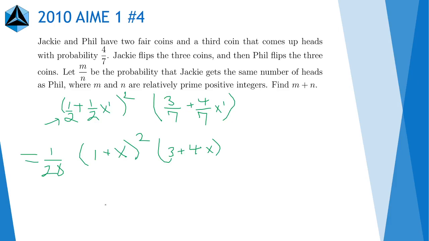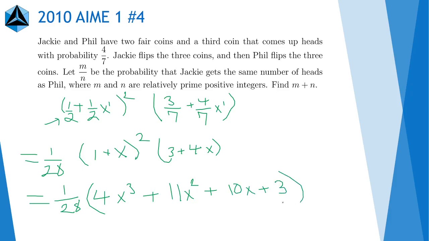If you actually expand out this polynomial, you will get that this is equal to 1/28 times 4x cubed plus 11x squared plus 10x plus 3.